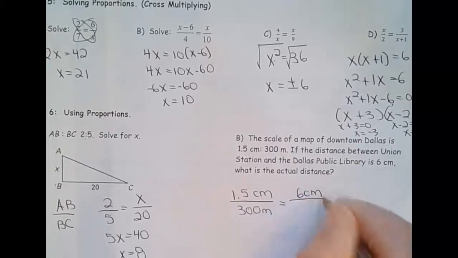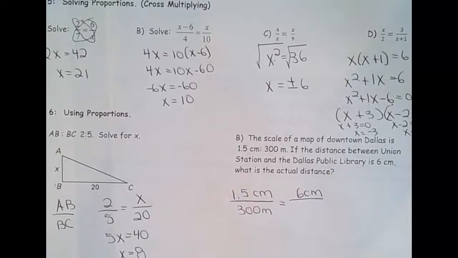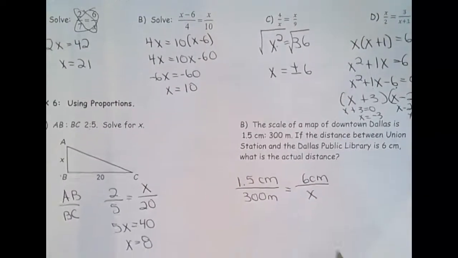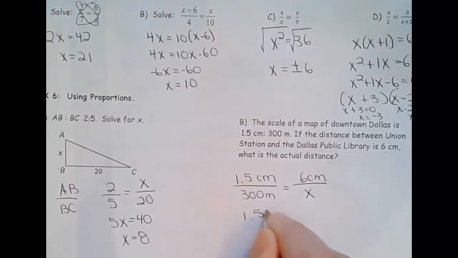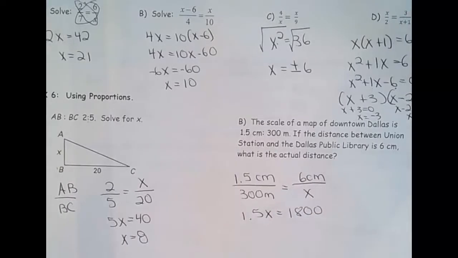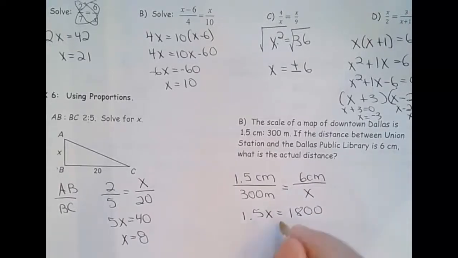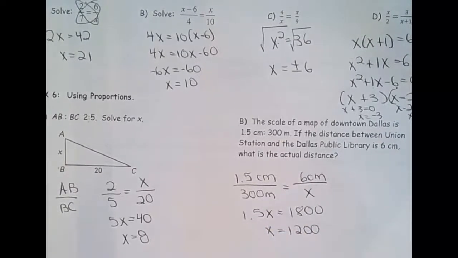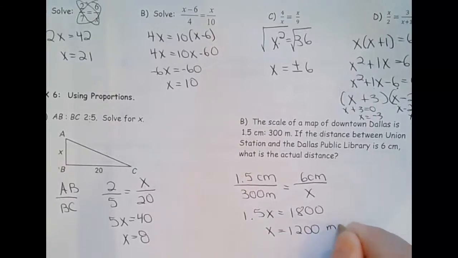They want us to find the actual number of meters. So again, we're going to cross multiply. We've got 1.5x equals 1,800. I'm going to go ahead and divide. We end up with x is equal to 1,200 meters.